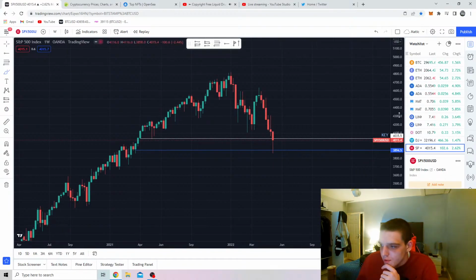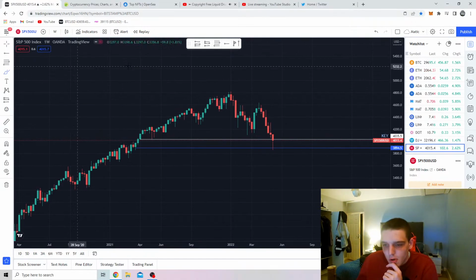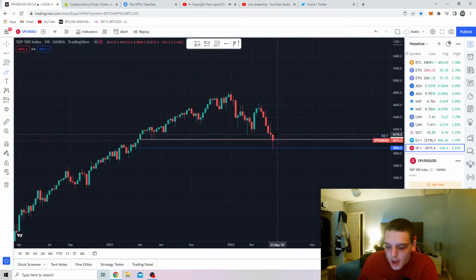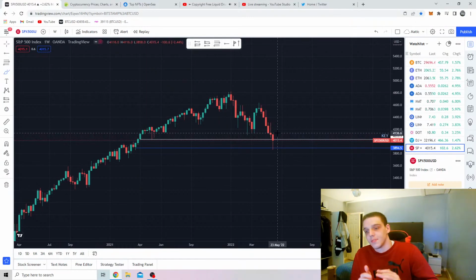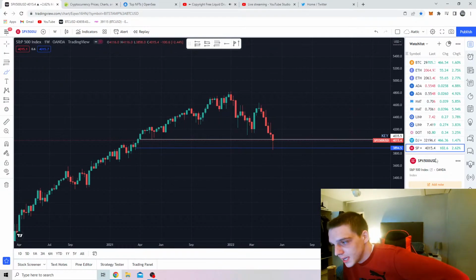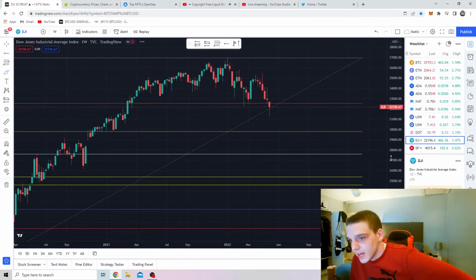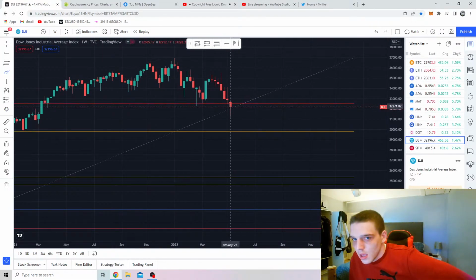But what we do want to see as well on the higher time frames, if on the weekly we can finish above this level for the S&P 500, this is a positive sign that that could be the bottom. And then you have the two linked together with this and Bitcoin essentially, then it's a positive sign again.